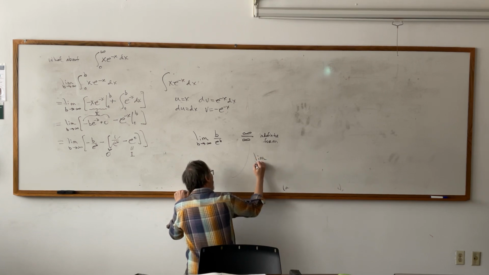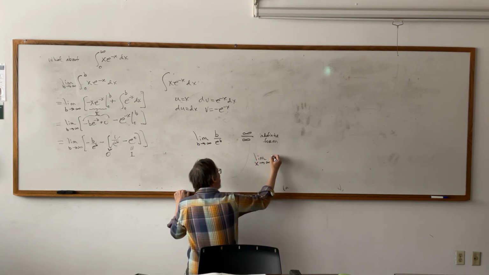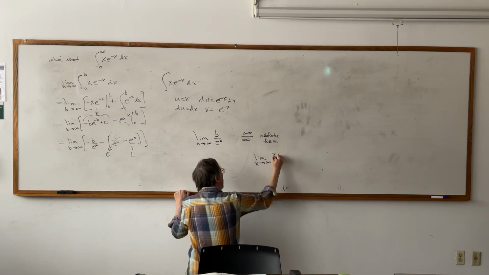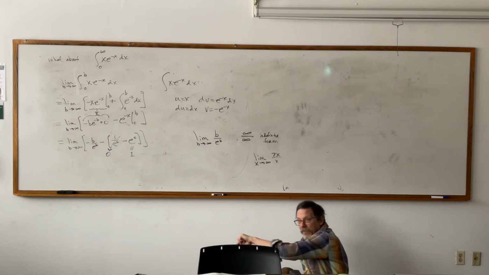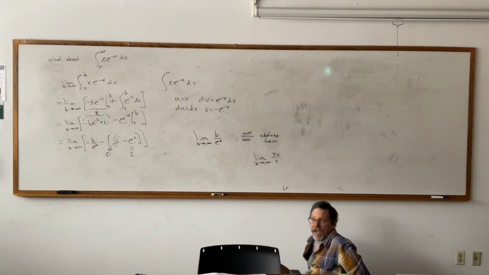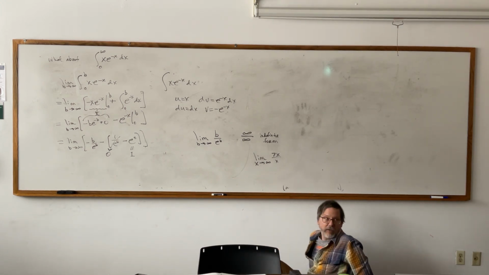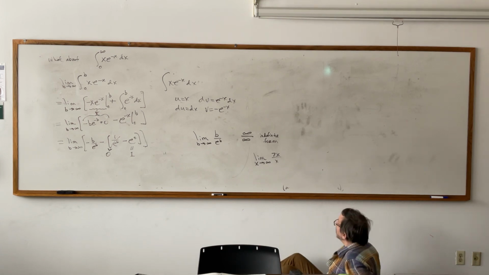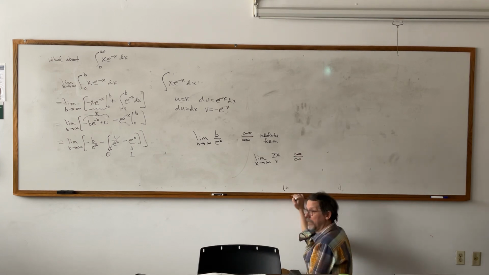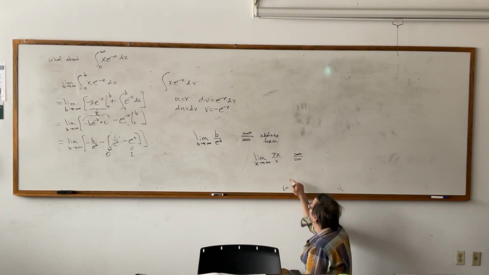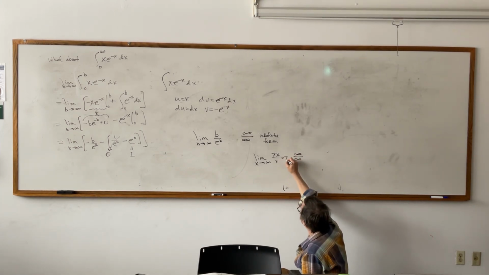What if I had the limit as x goes to infinity of 7x over x? That's a cheesy problem, because you'd cancel the x's and the answer's 7. But the top is going to infinity and so is the bottom, and the limit is 7.